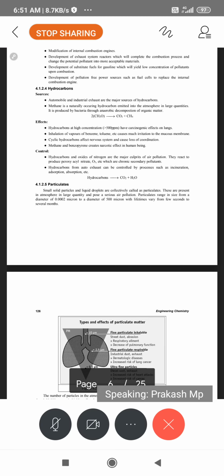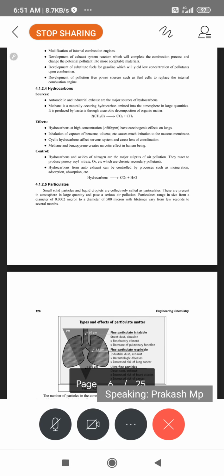For this, the better thing is only complete combustion, not beyond that. If hydrocarbons enter, it affects the health of animals also, and it affects the environment also.